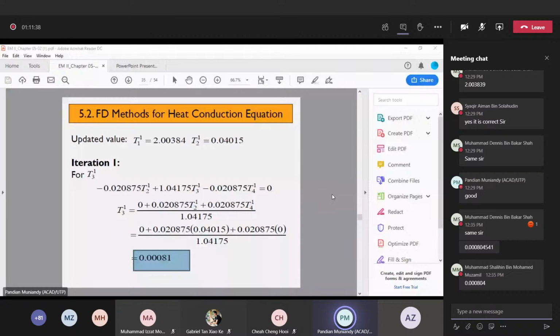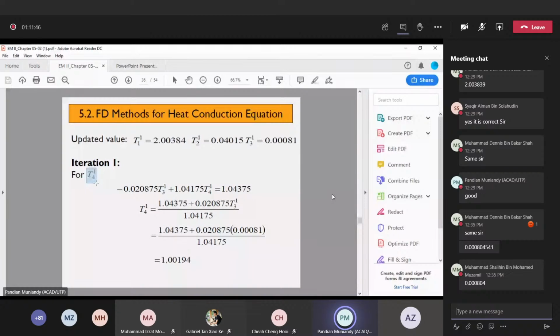Now we move on to T4. You have the fourth equation. This one is very important. So T4 equals 1.04375 from the fourth equation, plus this one minus 0.020875 T3.